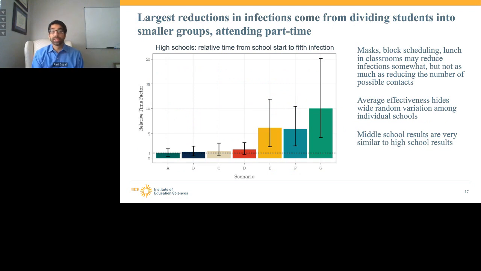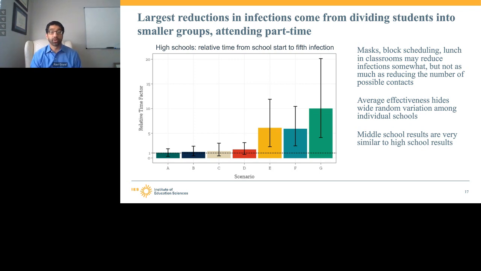I'm going to walk through the results shown in the figure here, which shows the relative time from school start to the 5th infection for high schools. Along the x-axis are the 7 scenarios that I described above, scenarios A through G. The y-axis gives a relative time to 5 infections for each scenario compared to scenario A, which is business as usual.